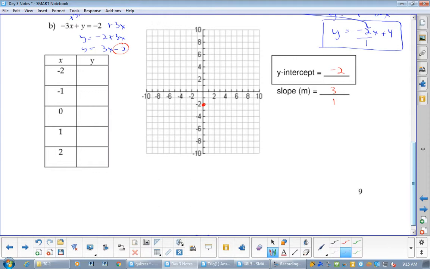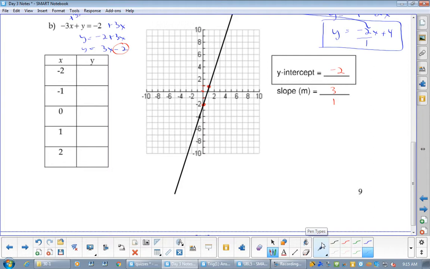Now where am I going from there? Up 3. 1, 2, 3, and right 1. There you go.